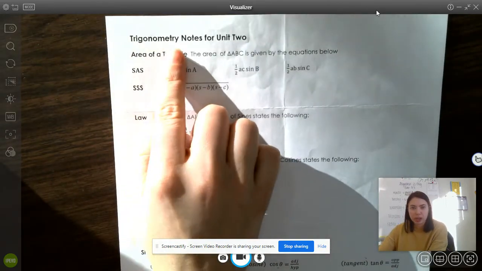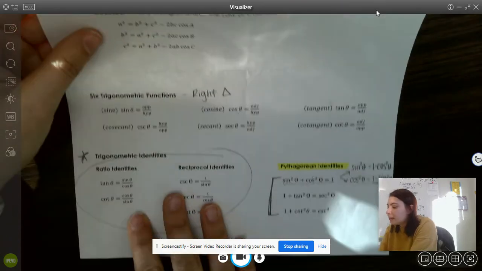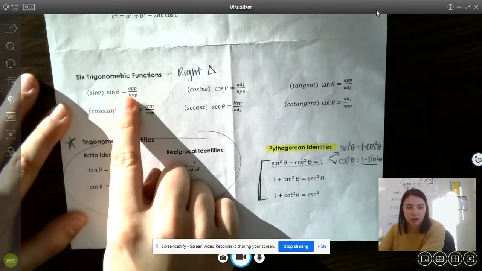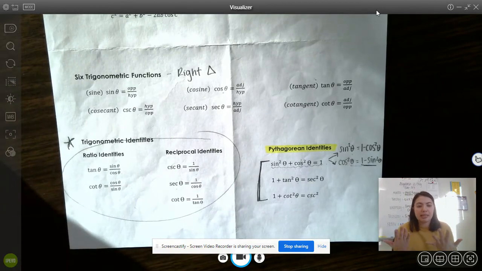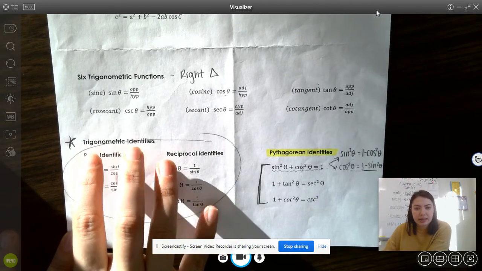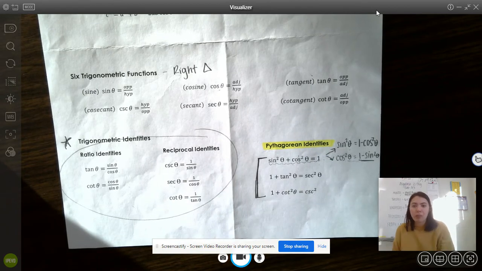It is our trig notes for Unit 2. Today we are going to focus on these 6 trig functions with simplifying trig expressions. As you can see, we will get into something called trig identities and Pythagorean identities a little bit later, when I get back to the building tomorrow.